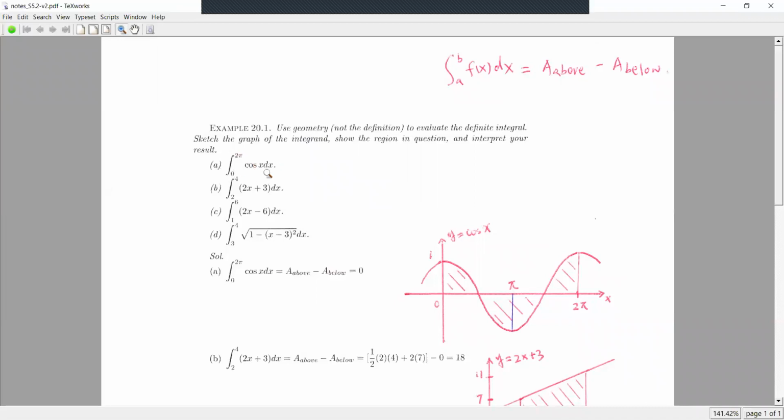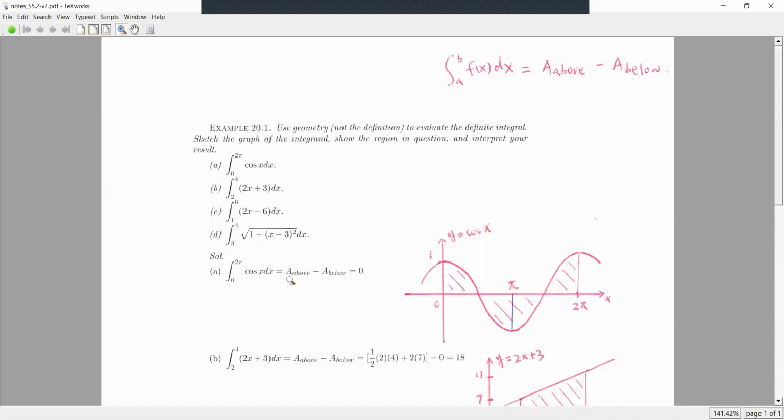This integral is the area of the region between the graph of cosine and the x-axis and between 0 and 2 pi. The region is the shaded region here. So this integral is the net area of the shaded region.